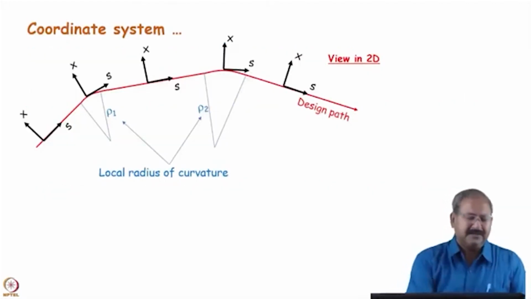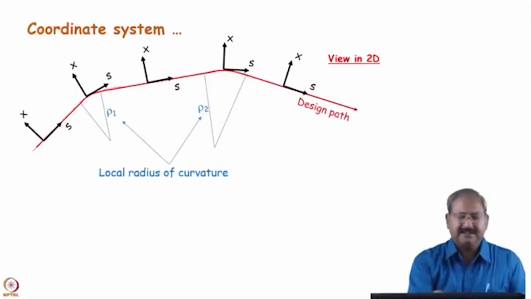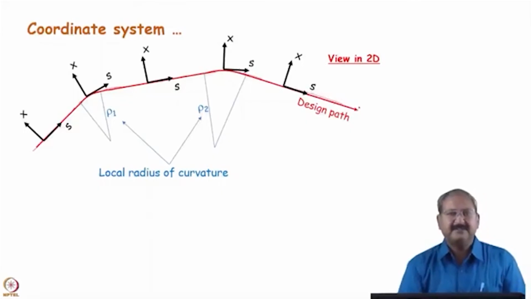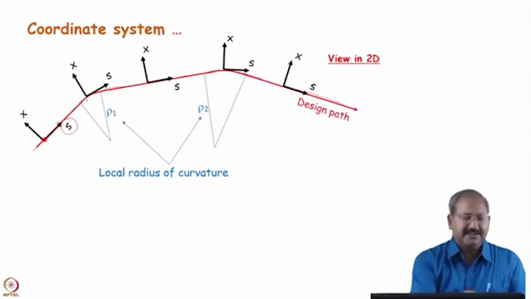So suppose this red curve shows the design trajectory. Our coordinate system will also be on this. And now suppose at one moment the synchronous particle is at this location, so this is the origin at that moment, and the beam propagating direction is generally taken as s. Here you can see that the trajectory is making some curved path, so our origin is also moving on this curved path.